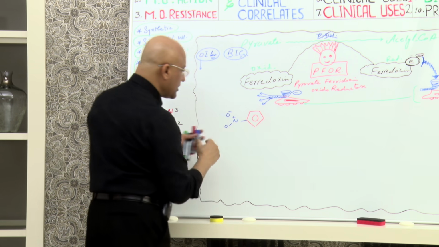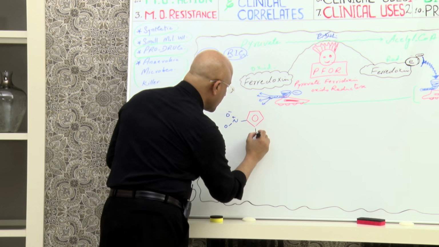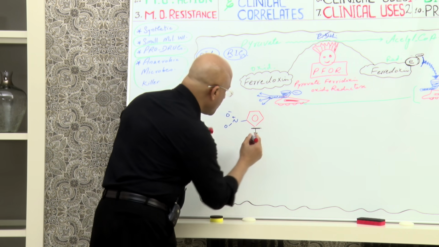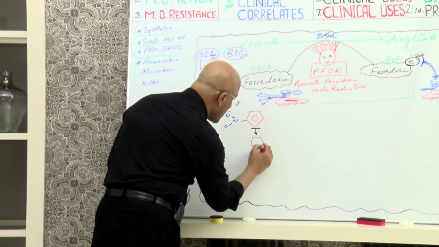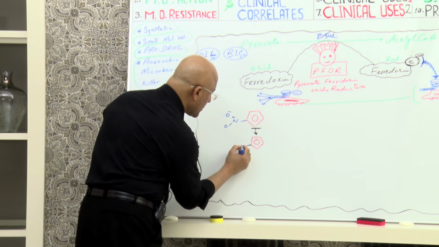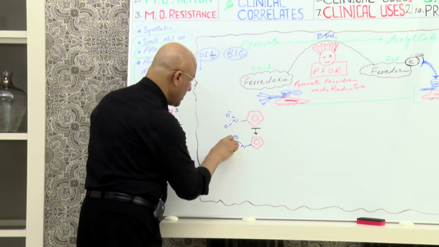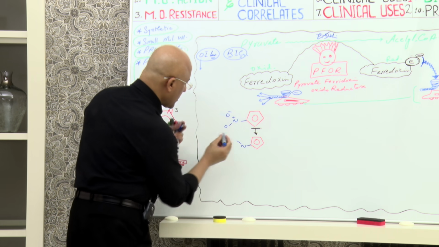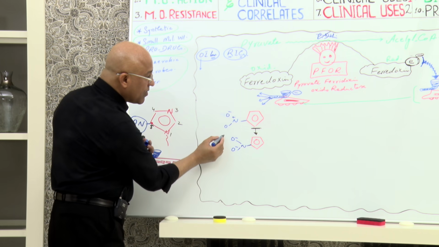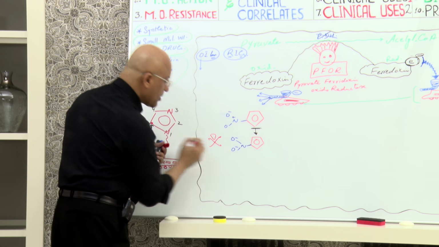But once the electron is added here, this compound will convert into reduced form, and it will go into this form. I will show you the electron here and electron here. Now this is a highly reactive, dangerous compound.